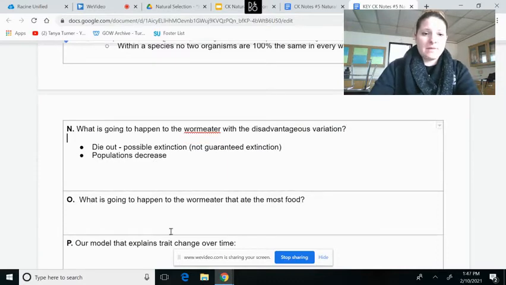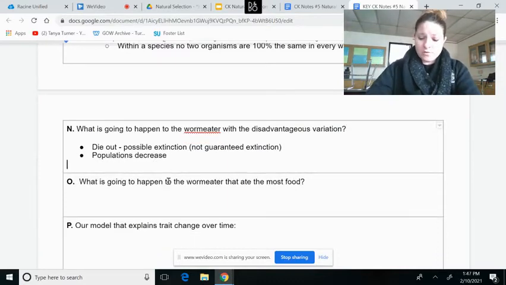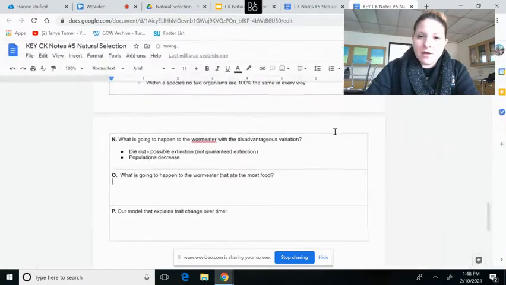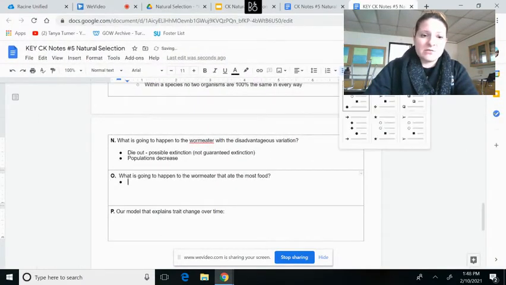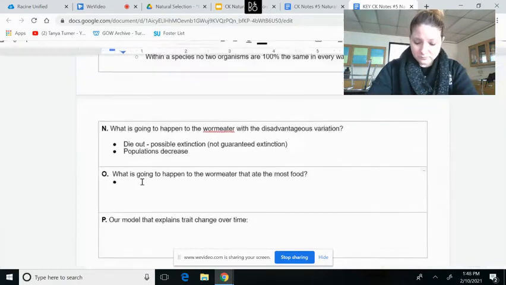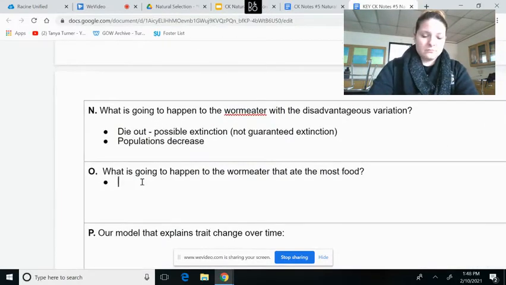All right, and then what happened to the worm eater that got the most food? What did they get to do? If we go back and we think about our lab, when they got the most amount of food, they got to have their baby. So that is one thing that they got to do. So produce offspring.